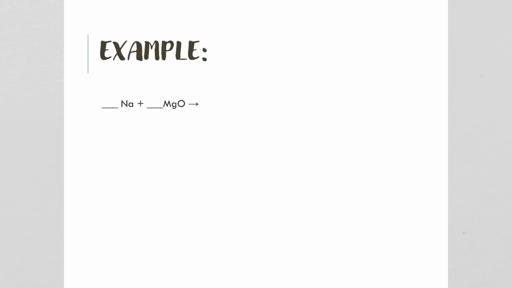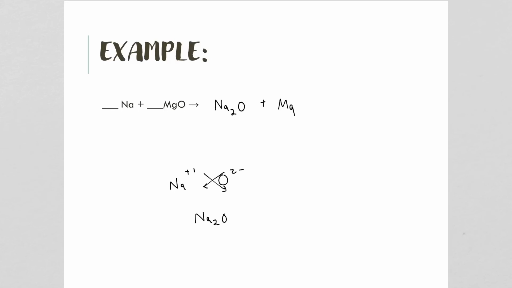So remember, we have to use our crossover rule to figure out our product. Sodium has a charge of +1, oxygen has a charge of -2, so we're going to cross those over. You're going to get Na2O. So we will write Na2O plus magnesium, and now we need to balance it, so we need to put a 2 here, and that's all.